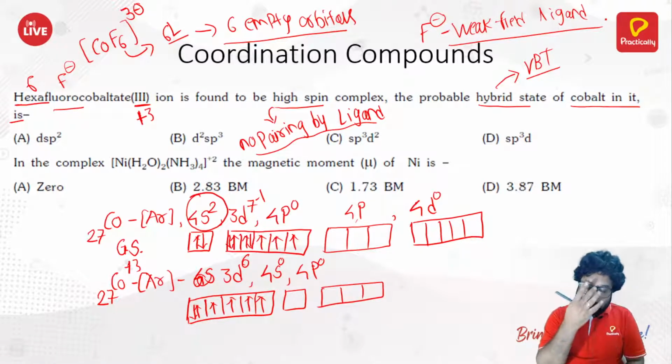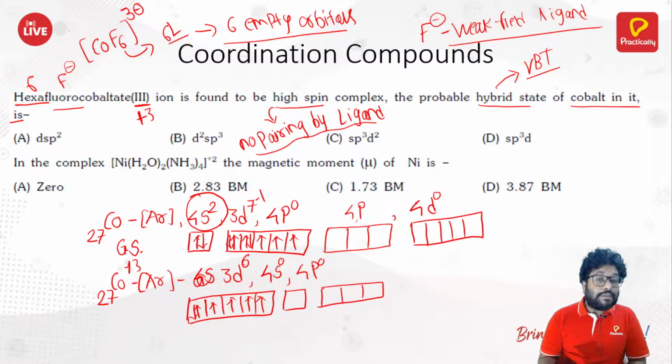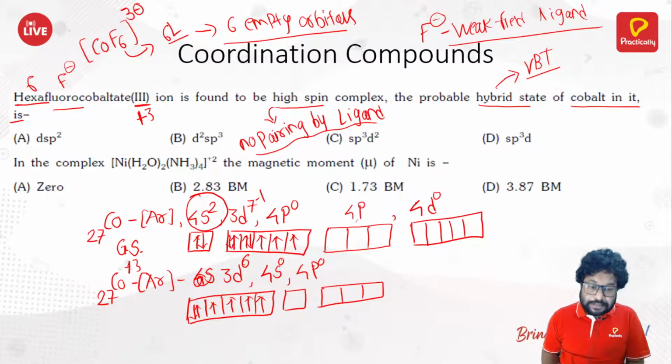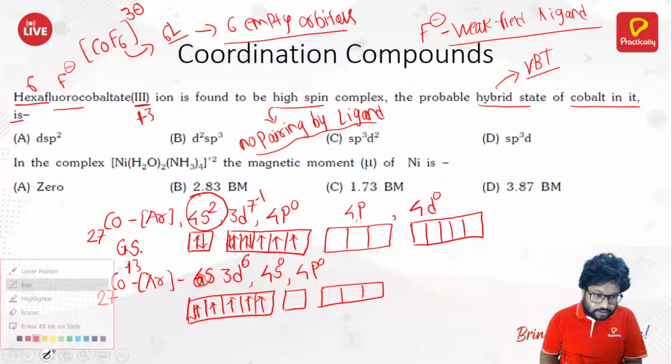Had there been a strong field ligand here, suppose there were 6 amines, and amines are strong field ligands, what would amine have done? They would have paired this electron with this one. Let me show you with another color.